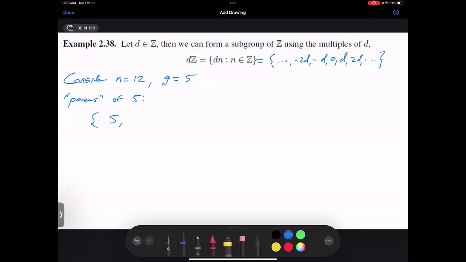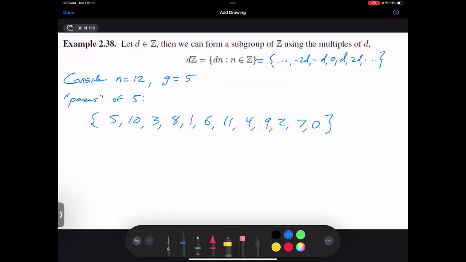So we have 5. 5 plus 5 is 10. 15 is the same as 3. 8, 1, 6, 11. We then get up to 16, which becomes 4. Doing a little bit better this time. 9, 2, 7. And then what comes next? 0.